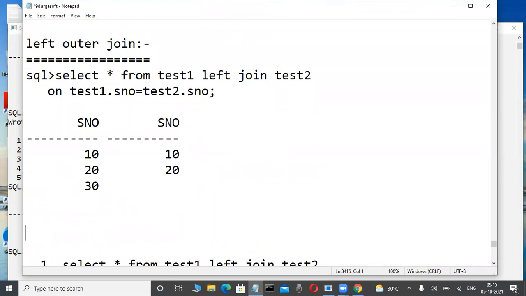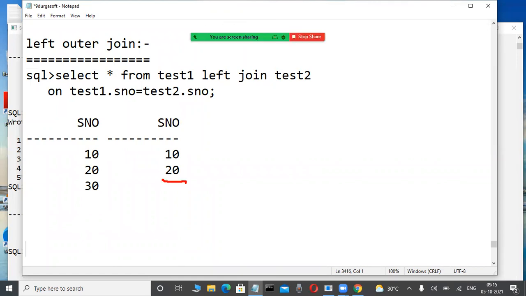For this output, the left side table gives all the rows, the right side table gives matching rows, and non-matching rows get null values. Left outer join or left join, anything is the same.